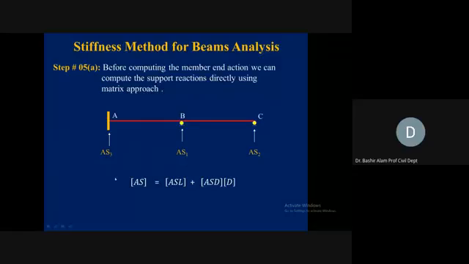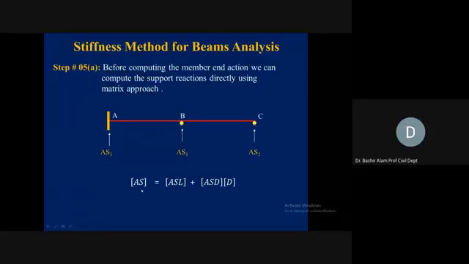The basic equation was AM is equal to AML plus AMD times D. So instead of M, I'm including S. S is showing the support reaction actually. So this is the only change in the format.